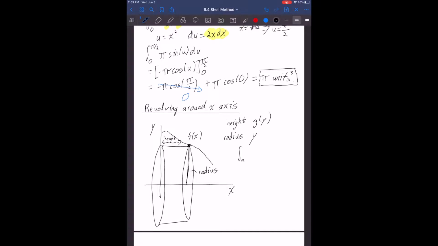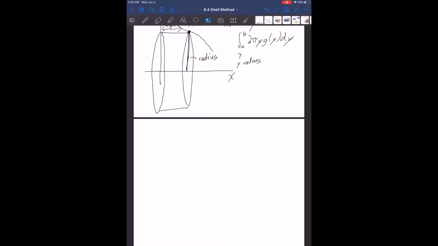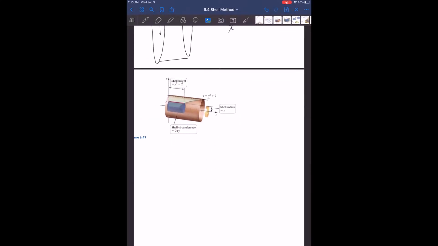And so what that means is that we can use the same method and get an integral from a to b, where these are now y values. A is going to be the lower y value, b will be the larger y value, of 2 pi y g of y dy, where again, g of y is going to be this inverse function of f of x. So an example of this, which I have a picture of, is right here.